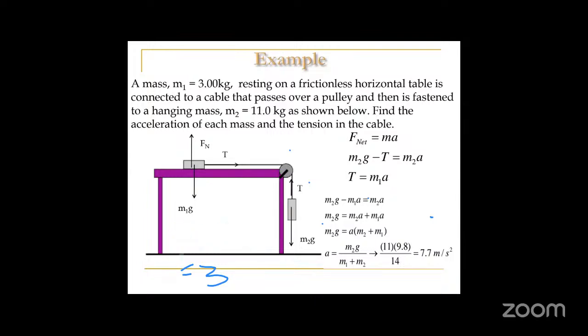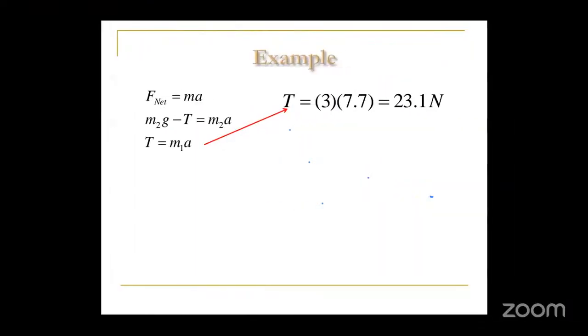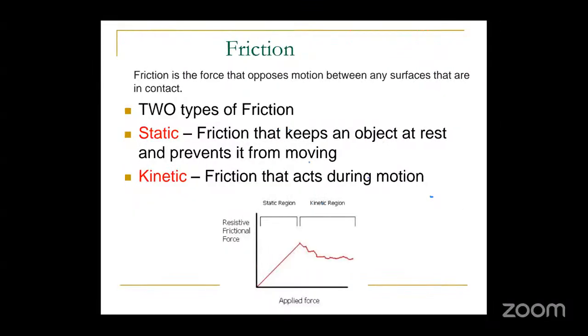Now, friction. Friction is the force that opposes motion between any surfaces that are in contact. When two surfaces are in contact and they are in motion, they will oppose one another.